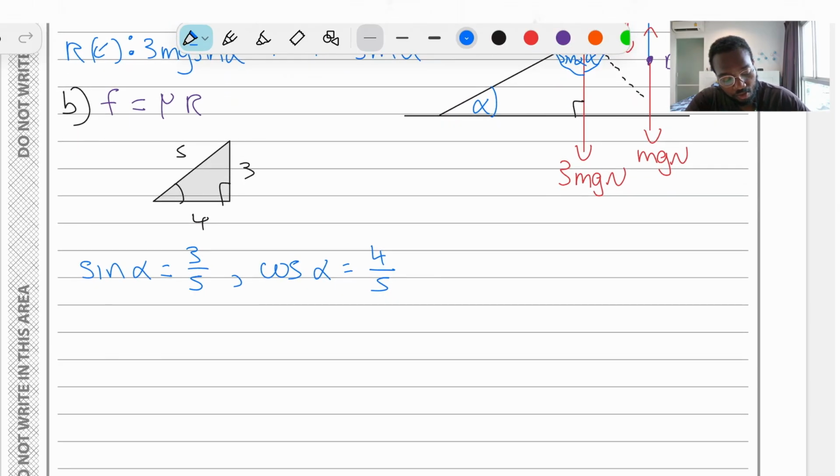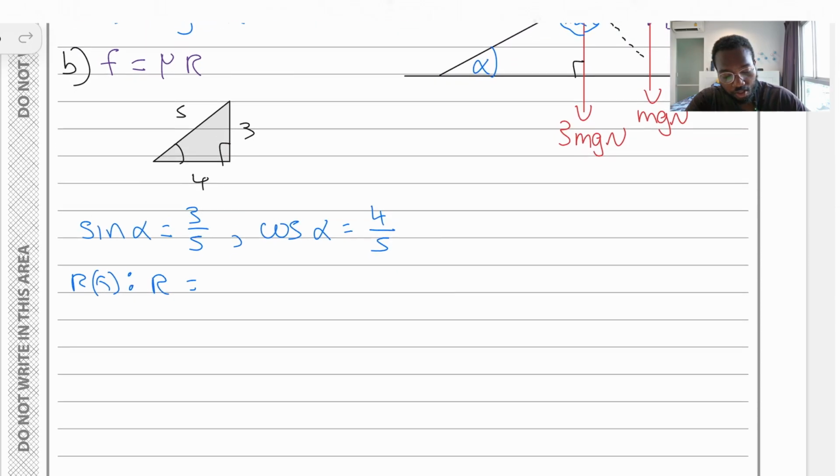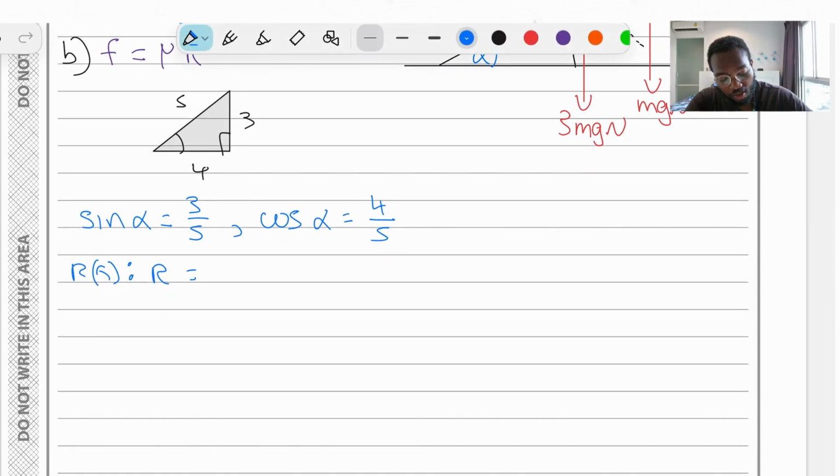So if we resolve forces in this direction here, that would simply be R, because that's just the R in this direction. And that would go against this direction here, which would be the 3mg cosine alpha. So therefore, R equals 3mg cosine alpha.